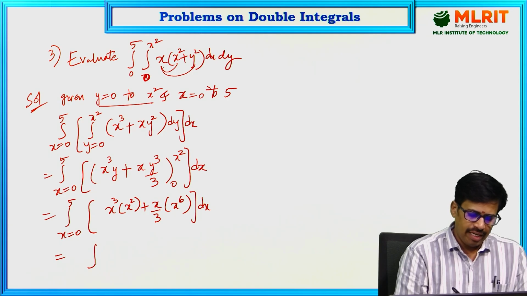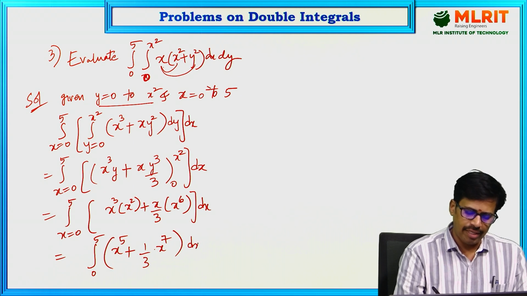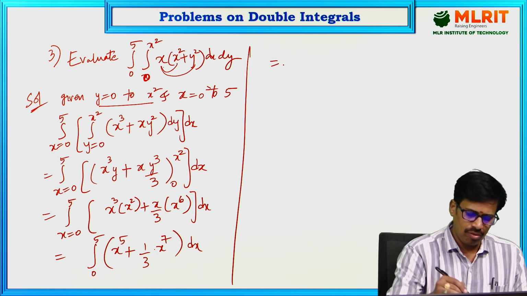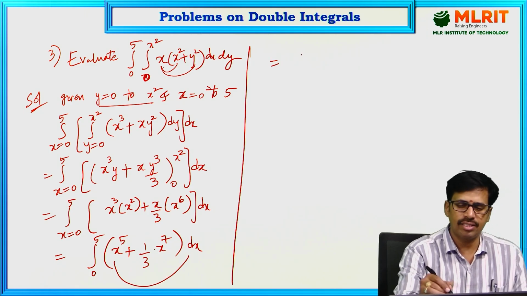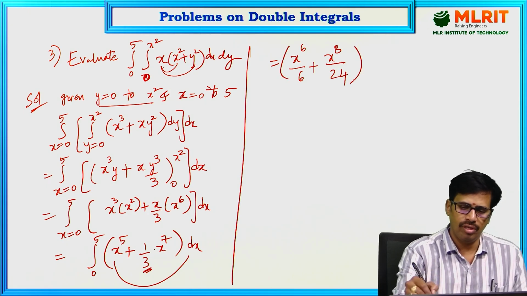So this is the integral 0 to 5 of x cube into x square, which is x power 5, plus 1 by 3 into x power 6, which is x power 7, dx. What is the integration of x power 5 dx? x power 6 by 6, plus x power 8 by 8, but with the 3 already there we get 24, and the limits are 0 to 5.